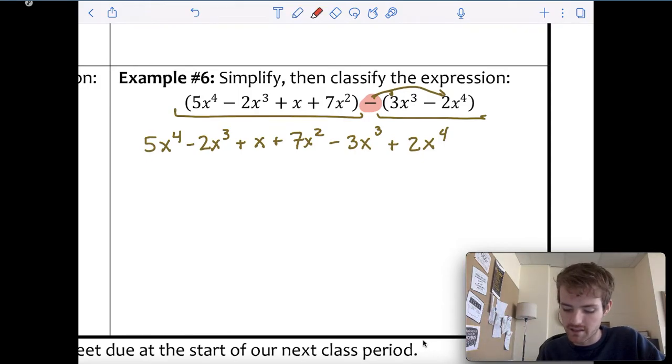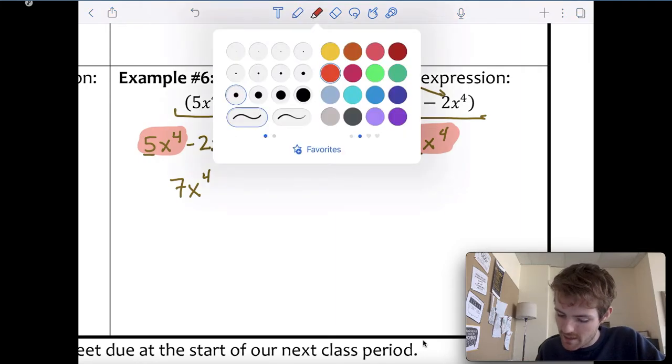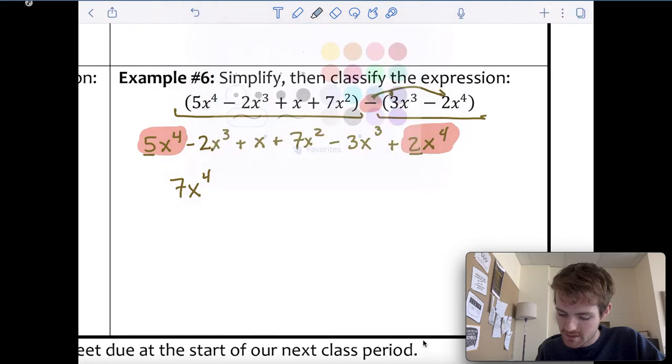Let's combine like terms. Here my biggest term is 4, and I see 2 things with 4. 5 and a 2, that will combine to 7. My next biggest, I see a negative 3 and a negative 2.